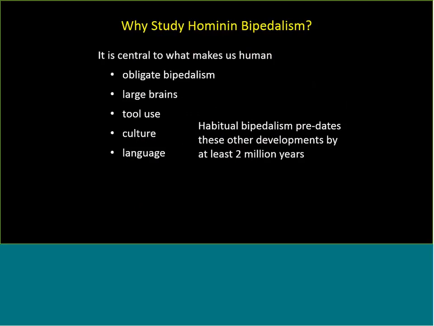And most anthropologists and evolutionary biologists use the transition to habitual bipedalism as the basal event that defines the beginning of the hominin line and ultimately leads to where we are today. So it's very central to what makes us human, as well as being just fascinating to someone who studies the biomechanics of how modern humans walk and how it is different from other animals.